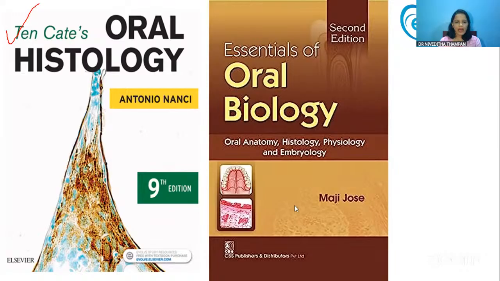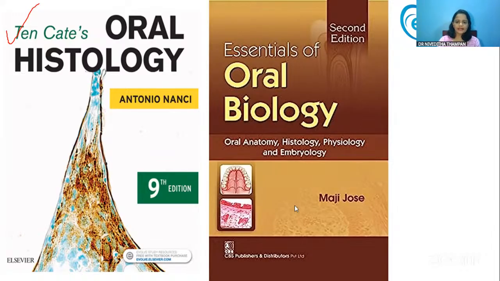So if you don't have time to understand these concepts in detail, then you can go for a small, to the point, short and concise book, that is Essentials of Oral Biology by Manjit Jose also. So these are the two books that I will recommend for oral histology.